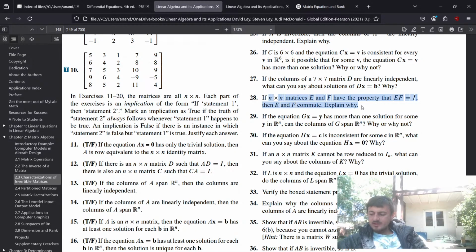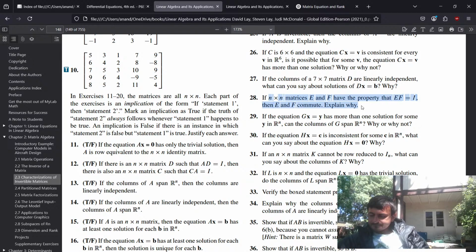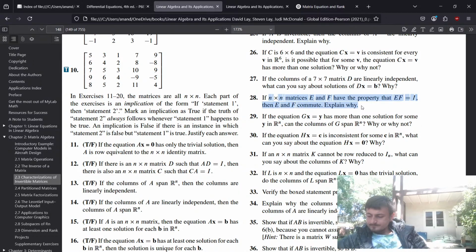But if we multiply, so if we get EFE is equal to IE, then this is still EFE is equal to E. But that means that EF is equal to FE.